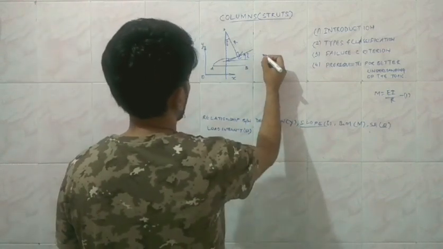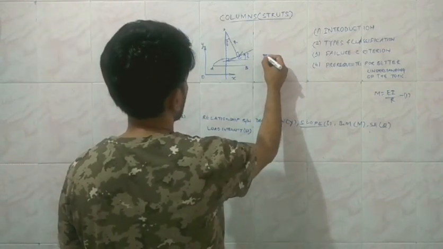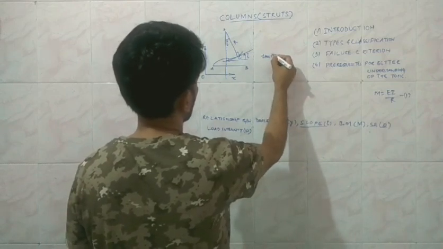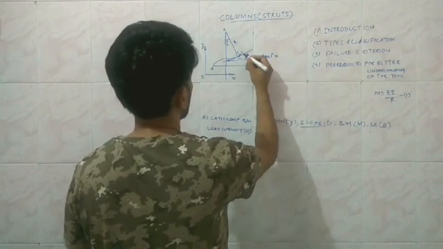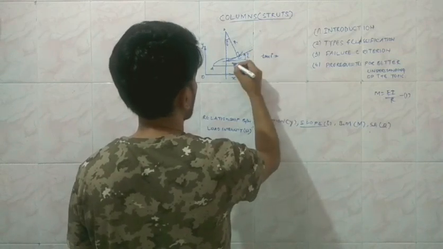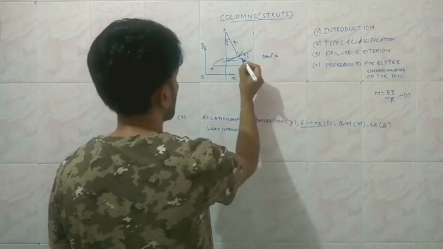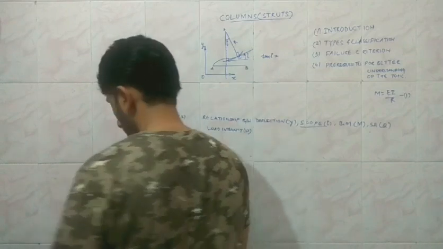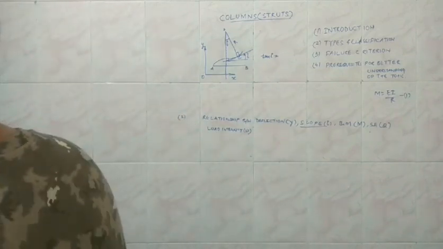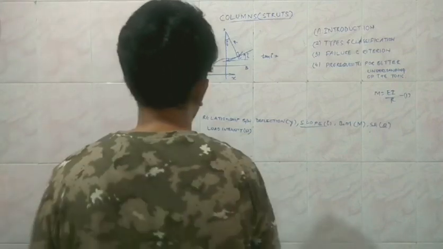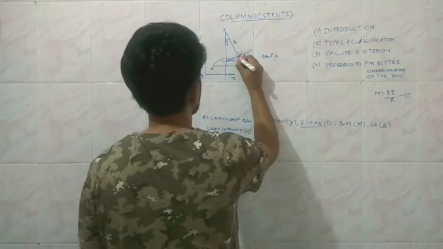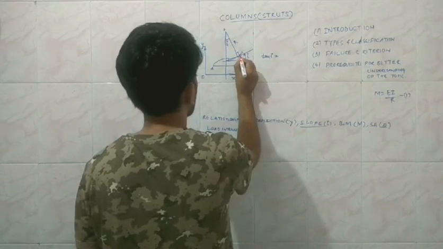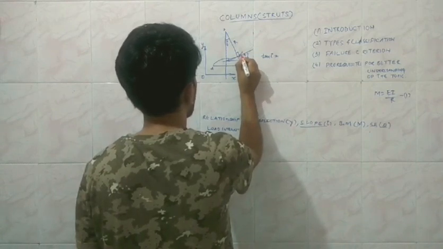So slope is basically defined as the tangent of the angle, which is perpendicular upon the base. We take a differential distance, so that when we move in the x direction, we move a differential amount in the y direction also.